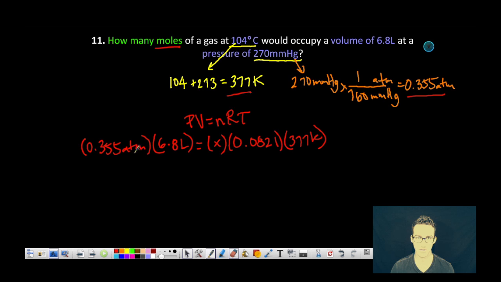So we're going to multiply these two together, and we're going to get 2.414 on the left-hand side equals x times 30.9517. Divide each side by 30.9517. Boom.